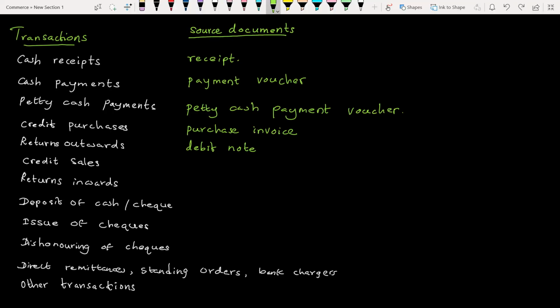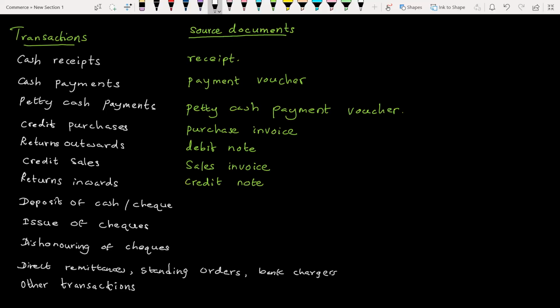Then credit sales. Credit sales means when the business sells goods on credit. The relevant source document is sales invoice. Returns inwards. Returns inwards are the goods returned to the business by its customers. So the relevant source document is credit note.